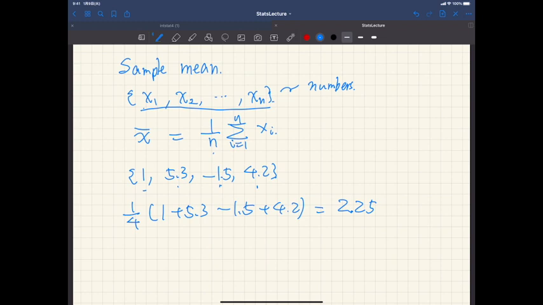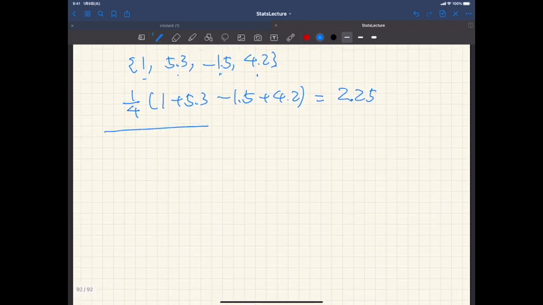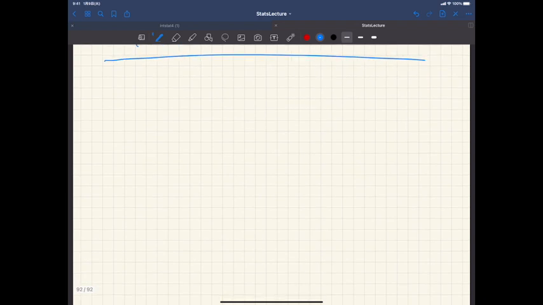So how does this sample mean relate to the expectation value? So if we make a series of n observations, we may have n values, from which we calculate the sample mean.